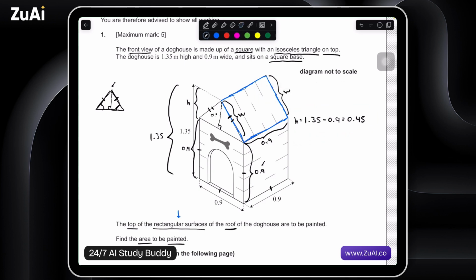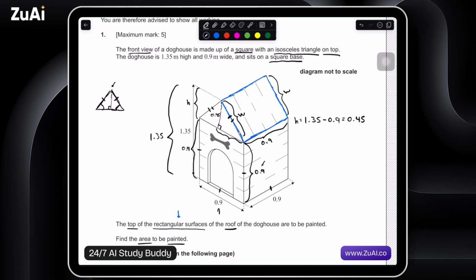This is 0.45. So we have a right angle triangle. We know one side length. Let's go ahead and find this side length right here. If we do, then we can apply our Pythagorean theorem, because we have two side lengths in a right angle triangle. This one isn't too bad.